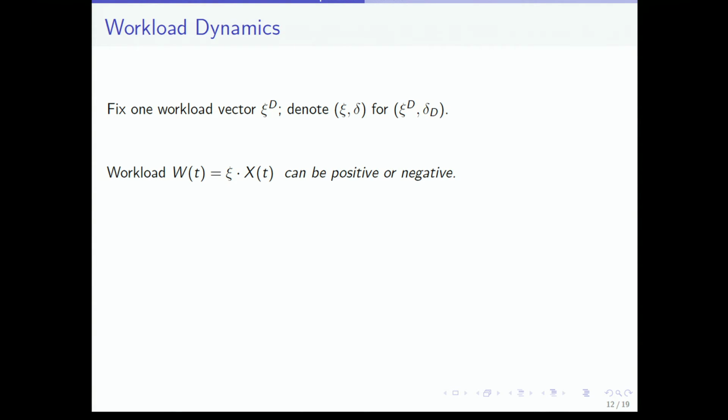Once again, in our case, workload is something that is not trivial, so it can have positive and negative values. This is similar to inventory systems, so some insights will come from there.